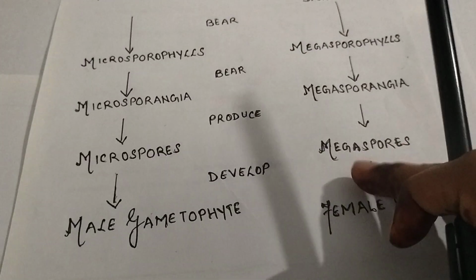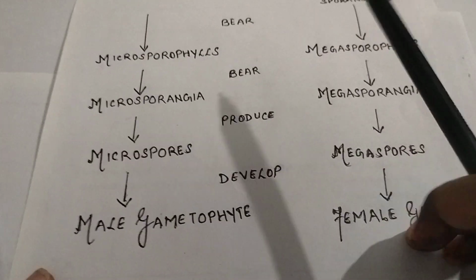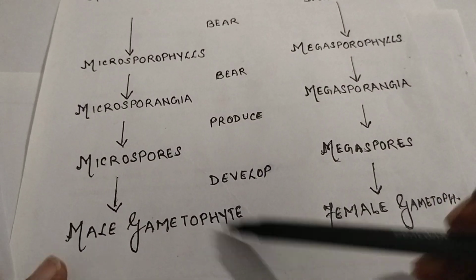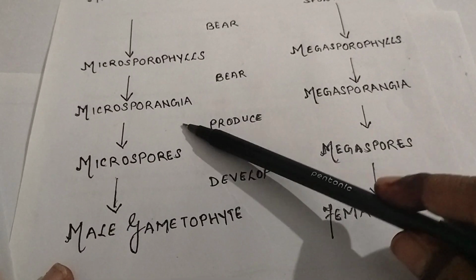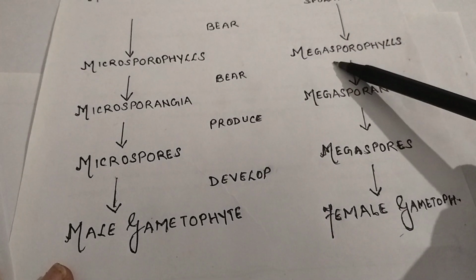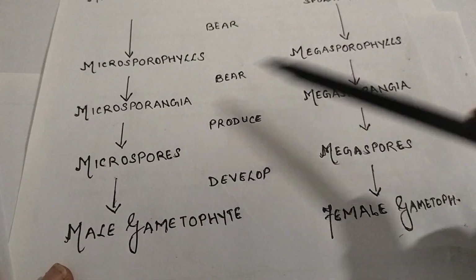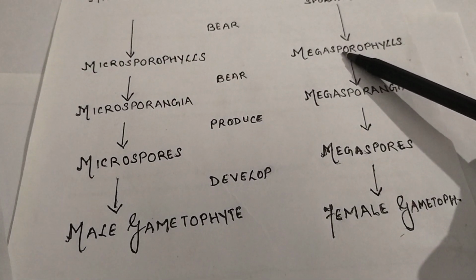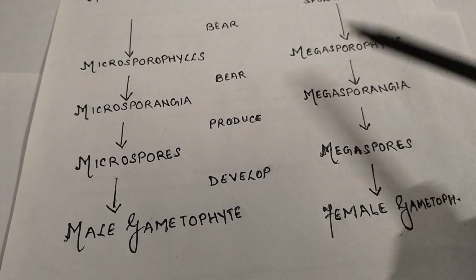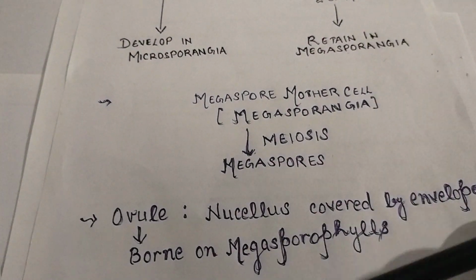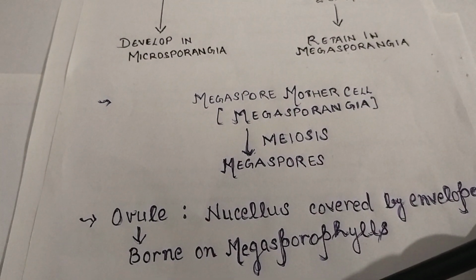The male gametophyte is released from the microsporangium and it will travel to the opening of the ovule, where the ovule is present. The ovule is present on the megasporophylls. All right, this will travel to the opening of the ovule borne on megasporophylls.